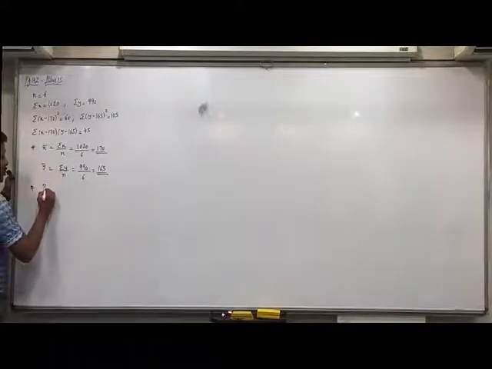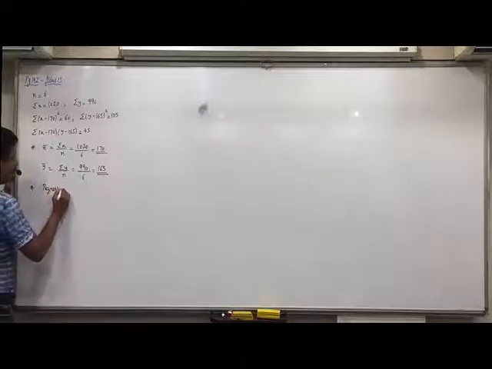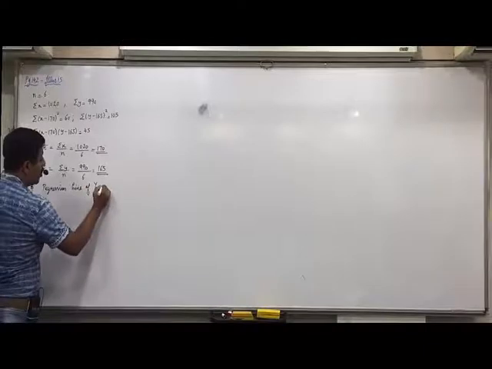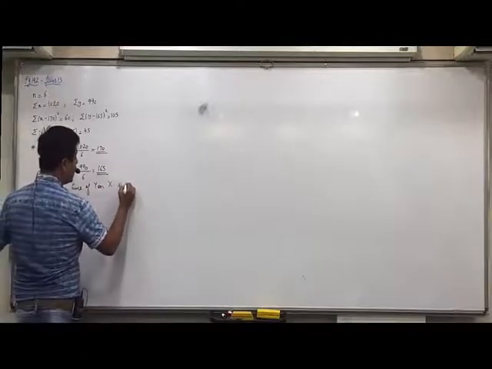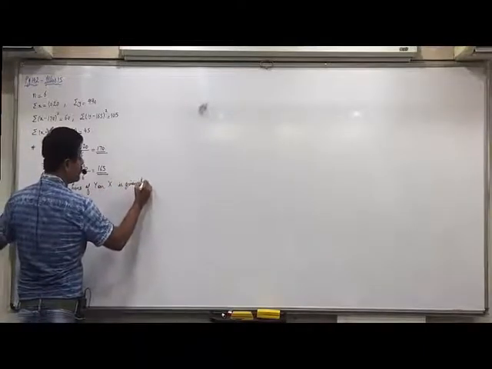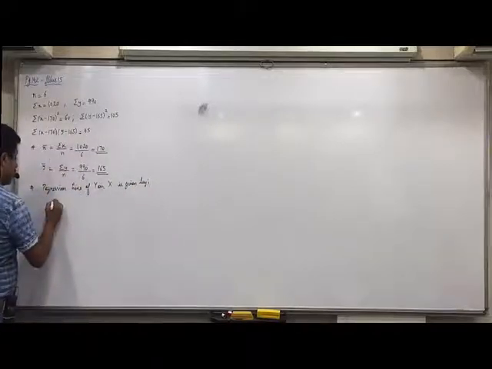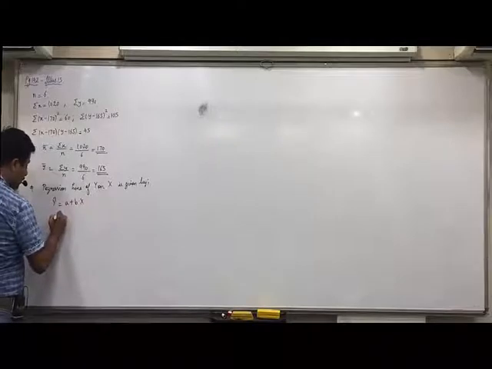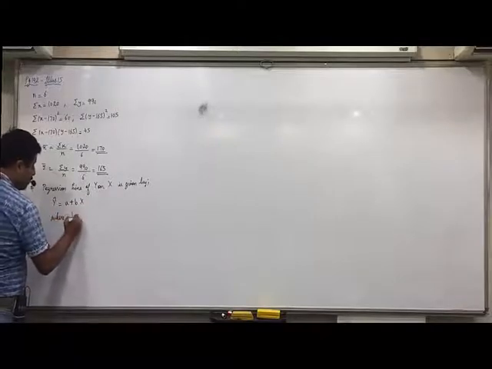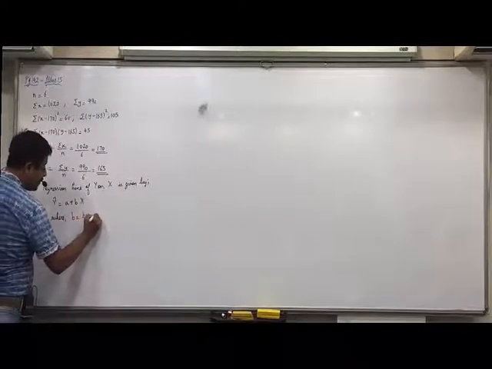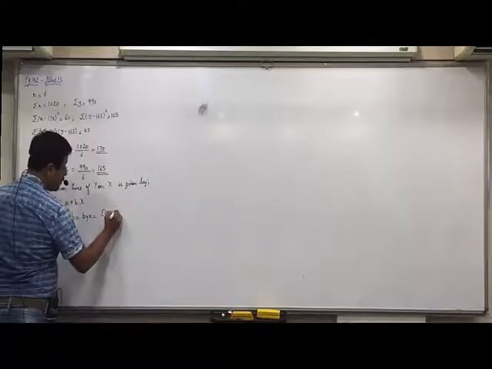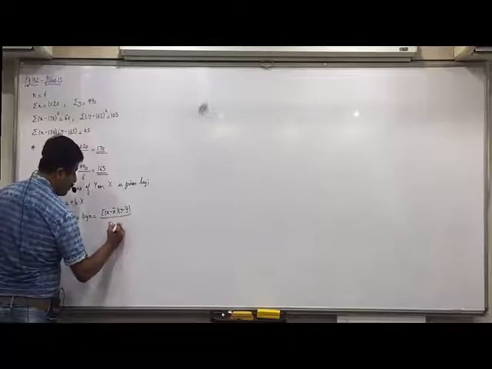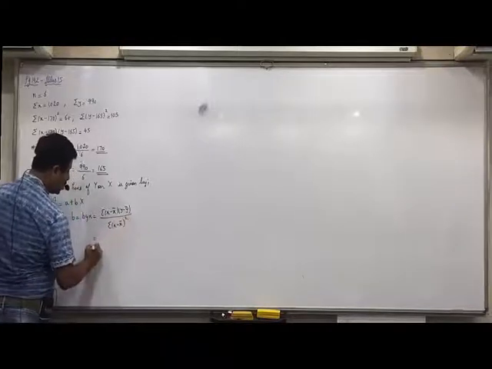So now the regression line of y on x is given by y cap is equal to a plus bx, where b is equal to byx is equal to sigma x minus x bar into y minus y bar upon sigma x minus x bar whole square.